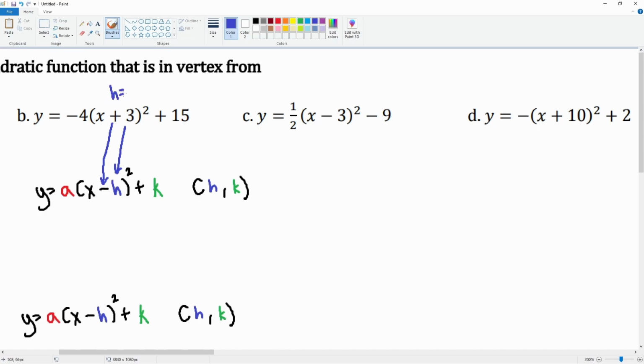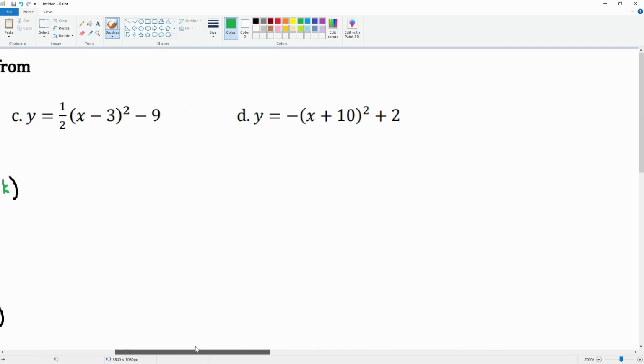So h here is going to be equal to -3, right? Then the k here is just 15, right? So we can say that the vertex is going to be h, which is -3, and the k of 15. Let's do the next one.